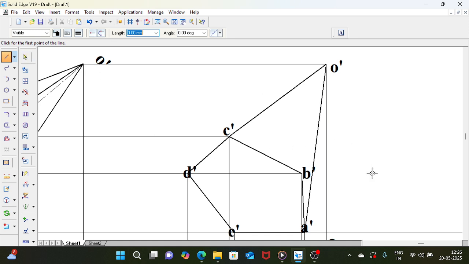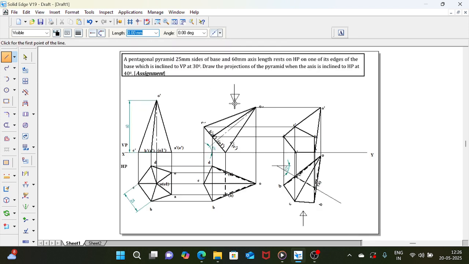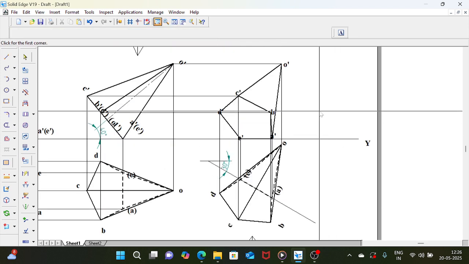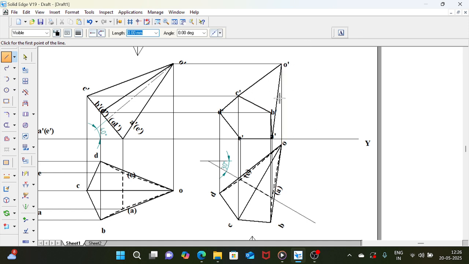Now you see, you are left with BO, EO and DO, since the two slant edges AO and CO are over. If you try to join EO and DO, here you see this is the axis line. EO and DO are coming above the axis line. Above the axis line is facing the plane, below the axis line is facing the observer.